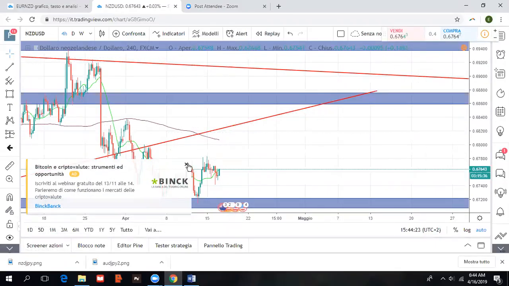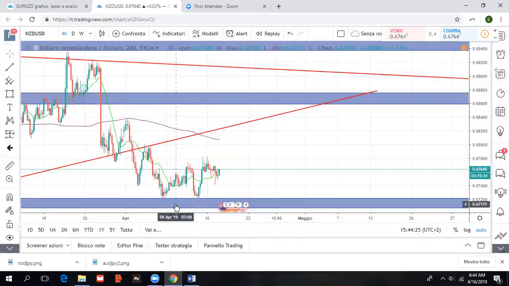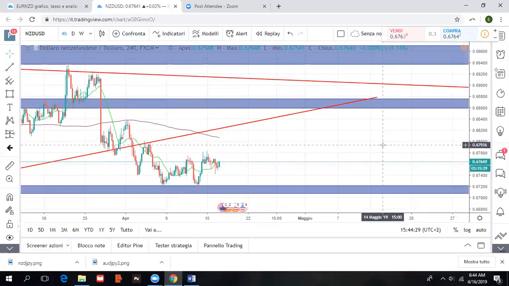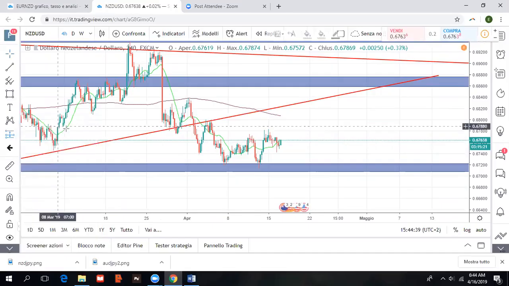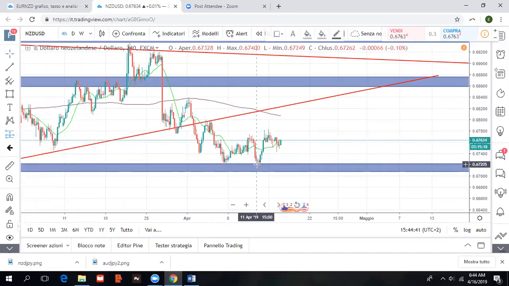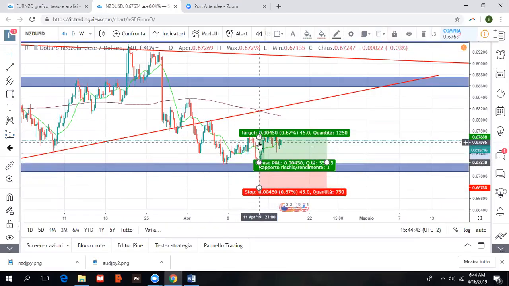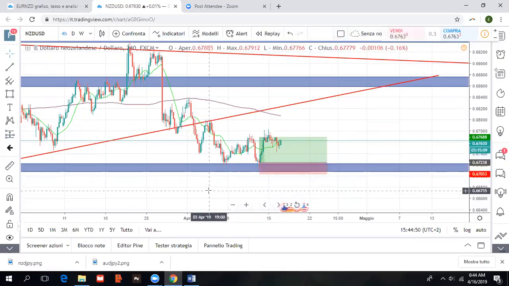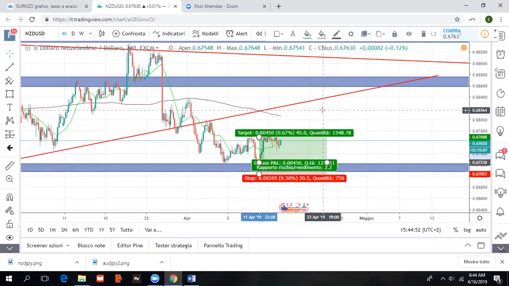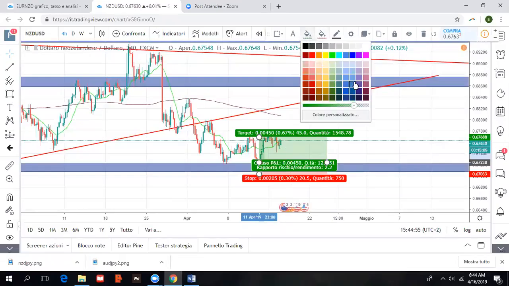So, for example, in NZD/USD, I will show you an example from last week of a trade I personally entered, and I also posted the analysis on the group. So it was a long from this point right here, and I will tell you how I placed the stop loss and take profit and how my risk reward was.